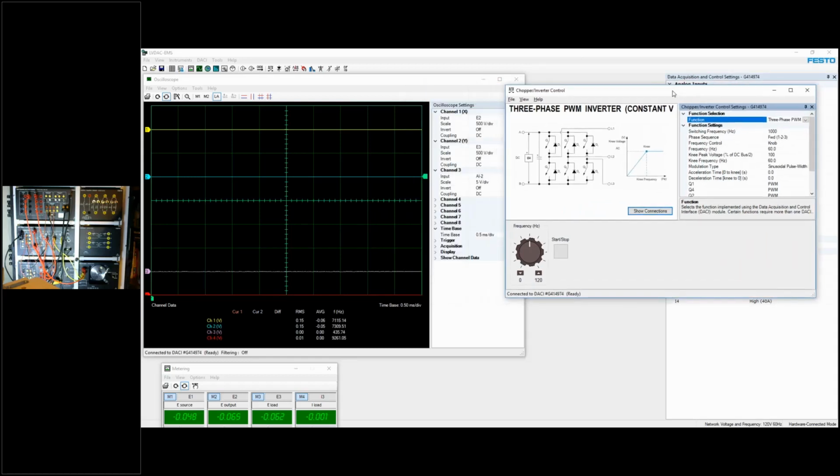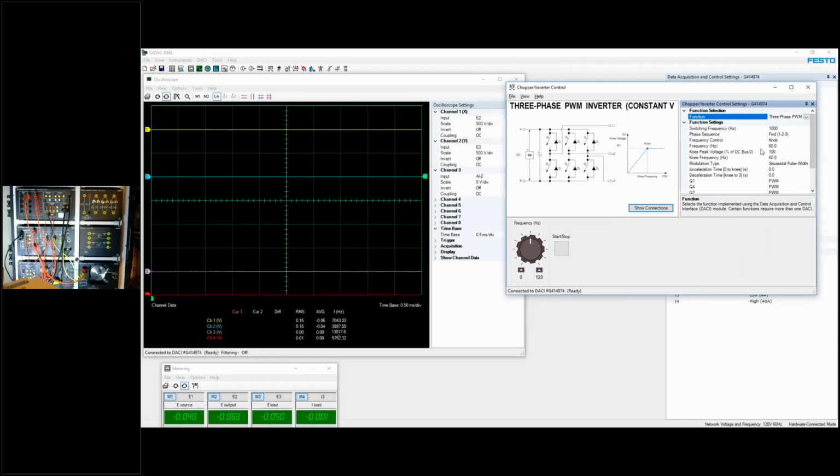Perfect. 1000 Hertz. I want a frequency of 60 Hertz at the output. My peak voltage here, I will set it to 50 because I don't want to overload the motor again. And that's it. I'm ready to go.